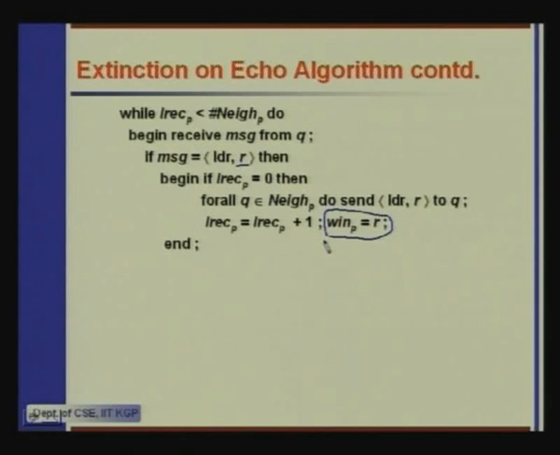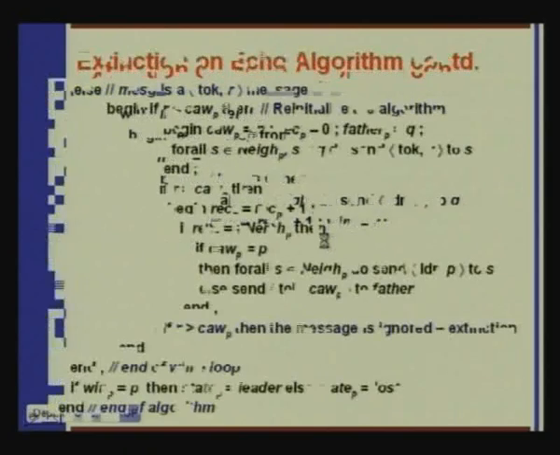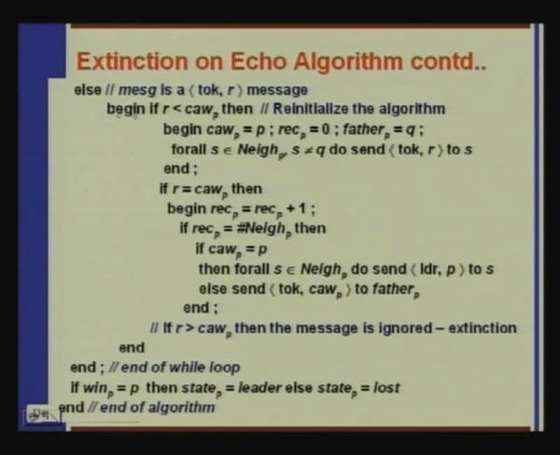Now, if on the other hand the message received is a token message, then we do the following thing. If R, the identity of this wave, is less than CAWP, the currently active wave that P knows about, then now this is a better wave.